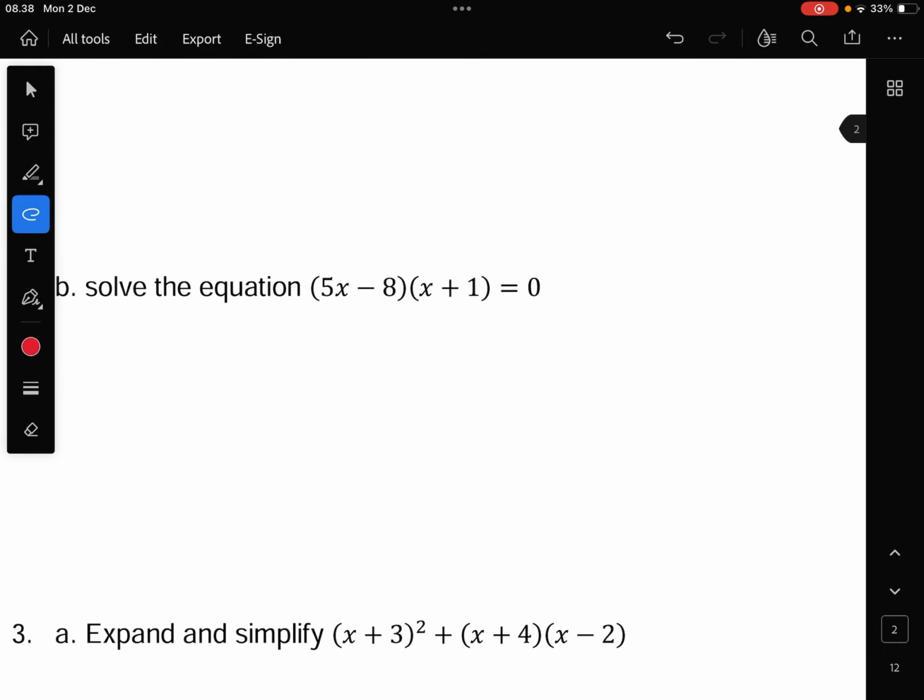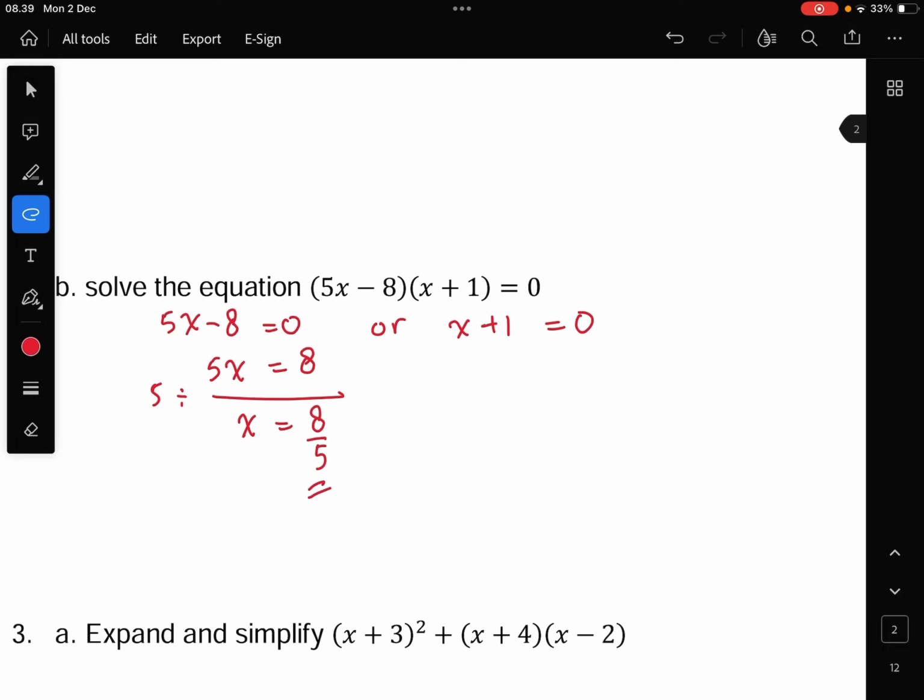We need to solve the equation when you have this kind of question. You don't need to expand it, guys. Remember, if you have the factorized equation already, you just need to rewrite it like this, equals to 0, or x plus 1 equals to 0. So 5x is equal to positive 8. x is equal to, divide by 5, so 8 divided by 5.